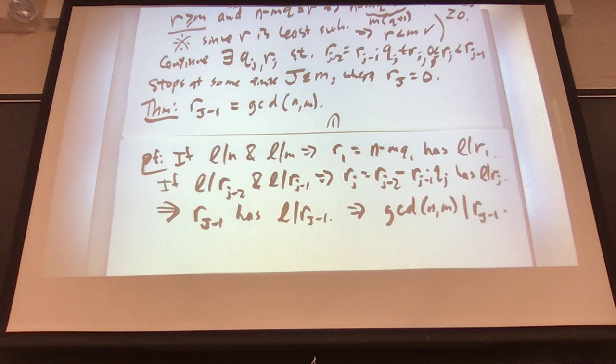I just named R0 to be m and R negative 1 to be n. So this is true for all Rj, but including the case j equals 0, which is m, maybe I should say, which equals R0, and n, which is R negative 1. Okay?